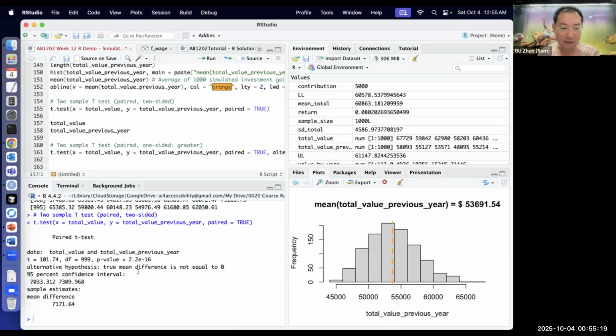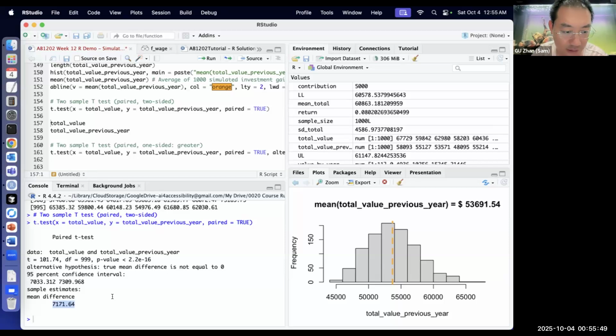So you're noticing that the p-value first is very small. So the null hypothesis is the current year's total value is the same as the previous, but it says it's actually different. Okay, basically different. So the 95% confidence of the sample estimate mean difference is $7,000.